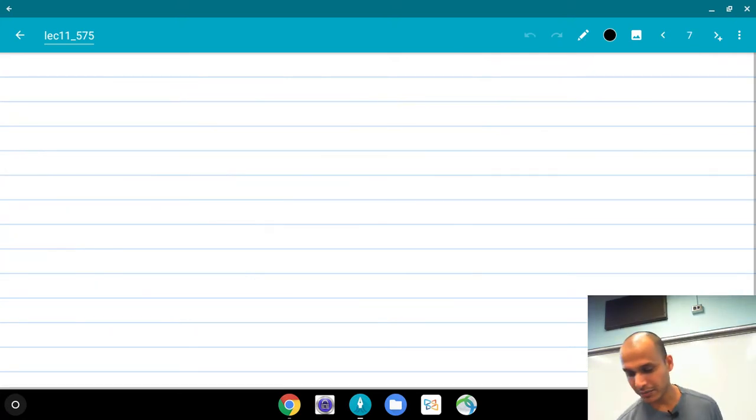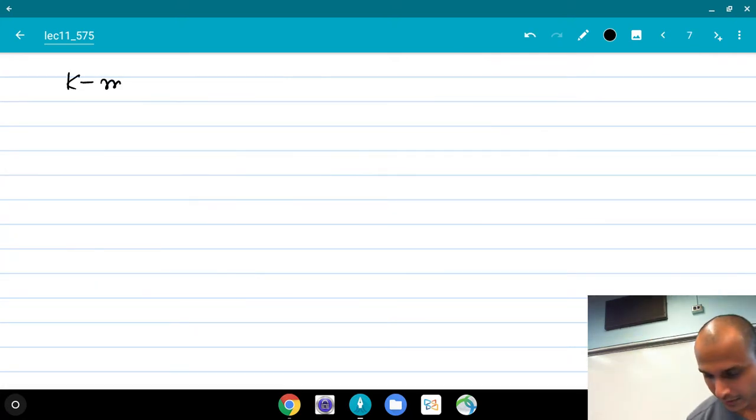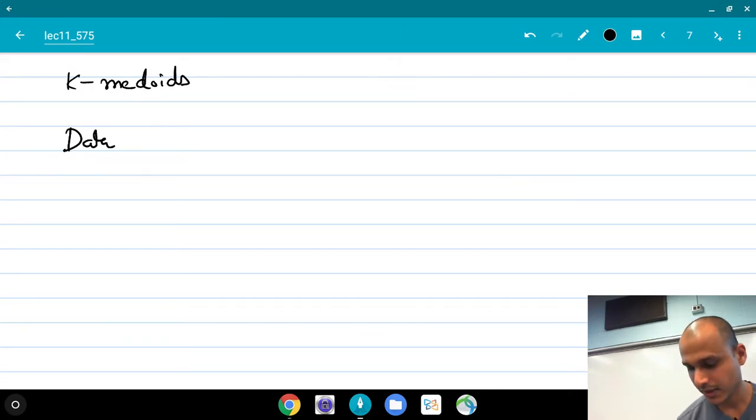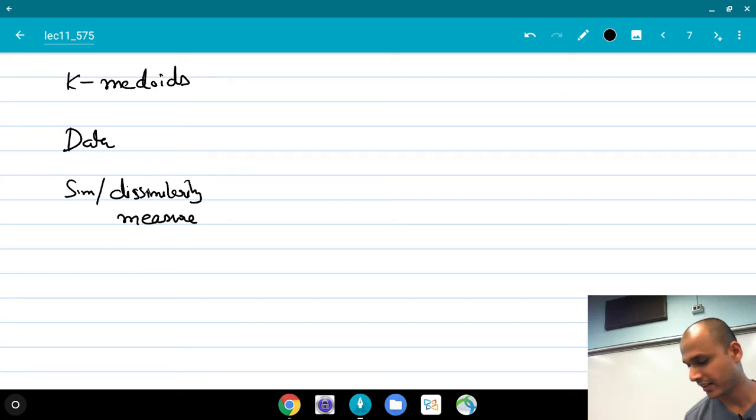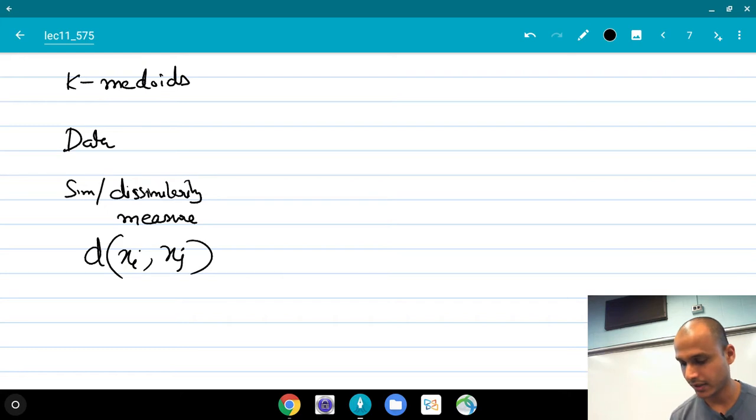There's a slight variation of k-means called k-medoids, where you have data and a similarity or dissimilarity measure or metric. I'm using these names loosely. So some function d, which takes 2 arguments, xi and xj.